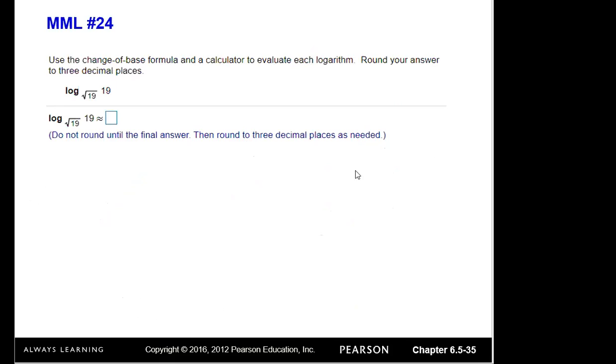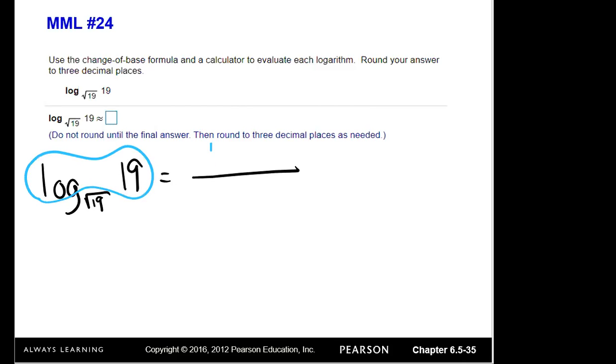And then this one used the change of base formula. Because of that square root of 19, I actually went ahead and did the intermediate steps on this because this calculator is not my favorite, but you've got log base square root of 19 of 19. So you're going to start with the log of the 19. That's your numerator.